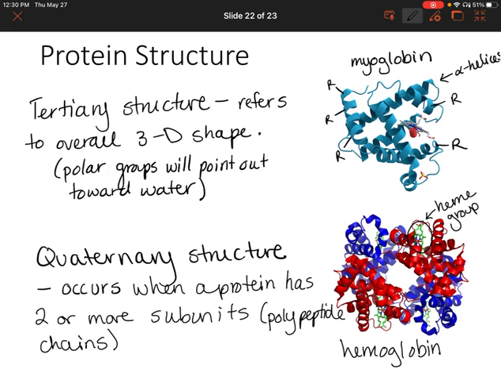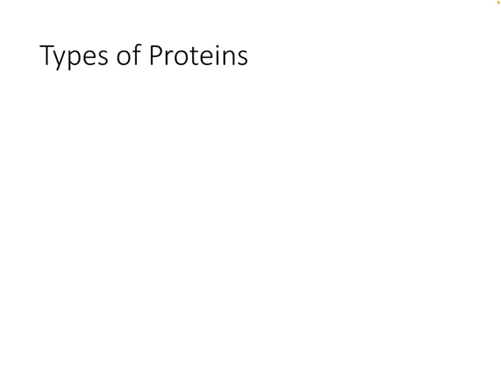All right, so now let's talk about different types of proteins that we might come across. The first type would be a structural protein. So a structural protein is used for structural rigidity, and these are typically fibrous proteins.